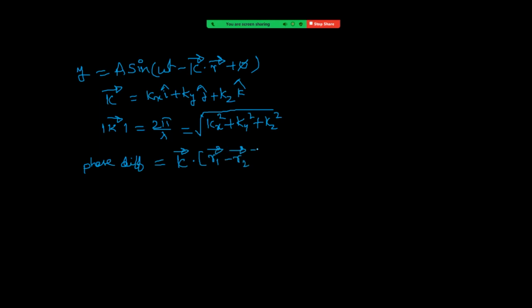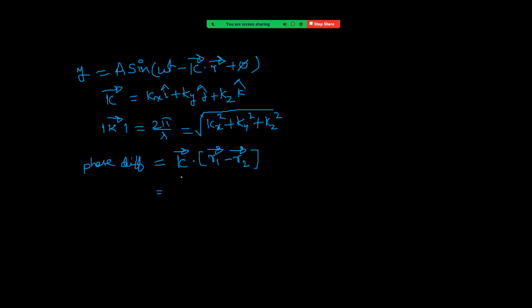See why I have taken it like this: omega t same, phi value same, only the first one changes, k bar dot r1 bar, and the second one k bar dot r2 bar, right? That's why phase difference equals k bar dot (r1 bar minus r2 bar), or we can take r2 bar minus r1 bar. Okay, because we are taking only the difference, right? Right.